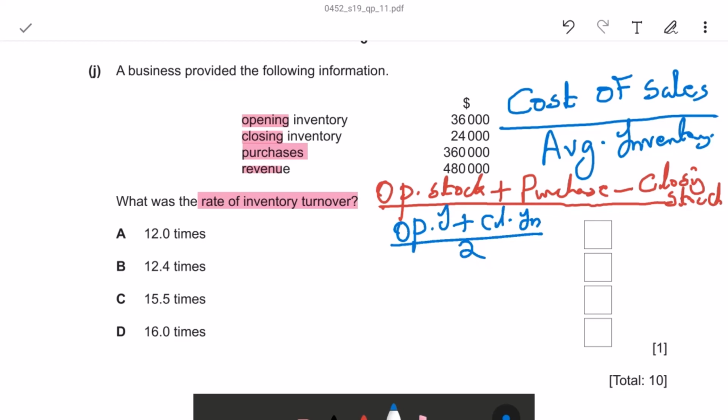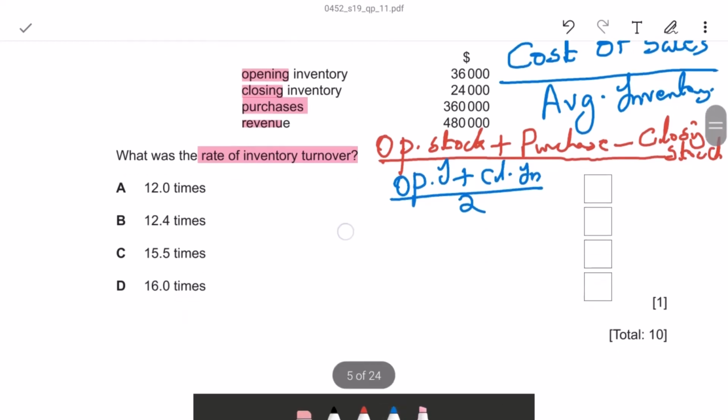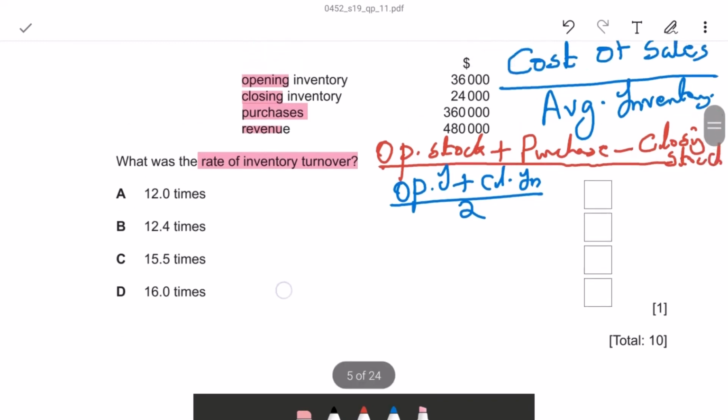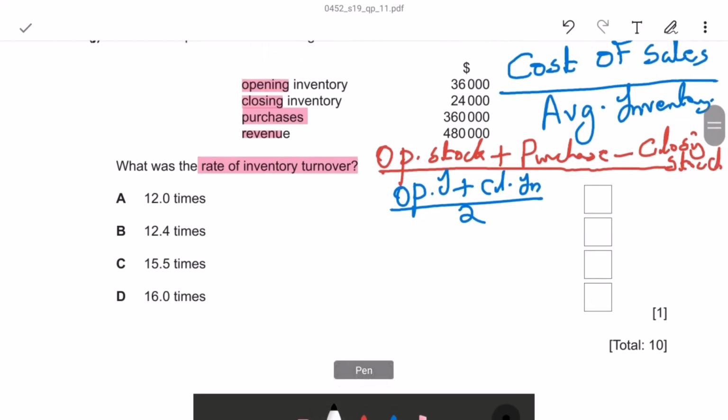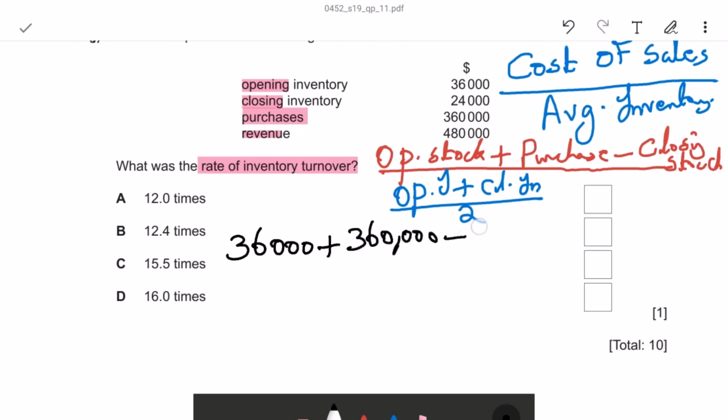So let's check here. Opening stock plus purchases minus closing inventory, that is our cost of sales. That is 36,000 plus purchases 360,000 minus closing inventory 24,000, divided by average inventory.